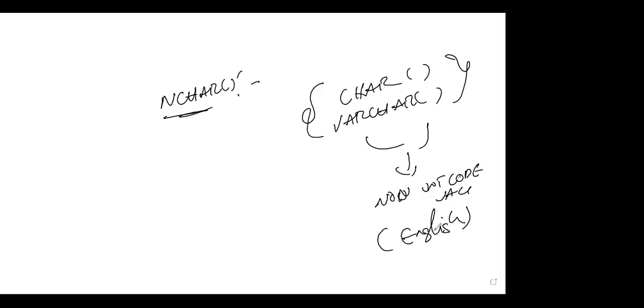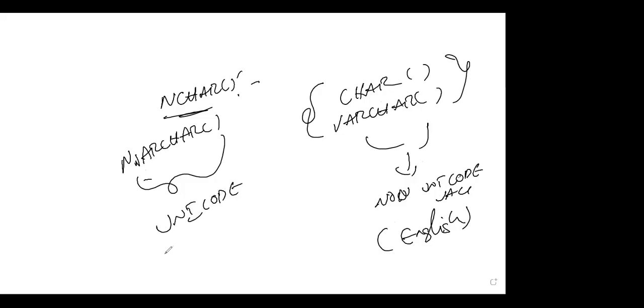When it comes to nchar and nvarchar, it can be storing the Unicode values. Simply, it can store the universal languages. So this is the major difference between these two.